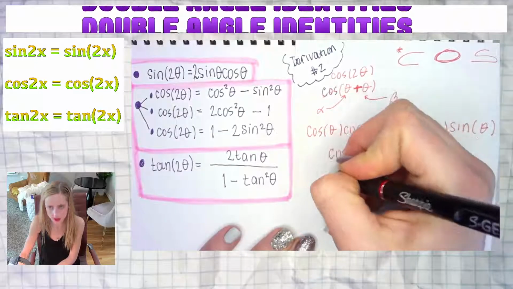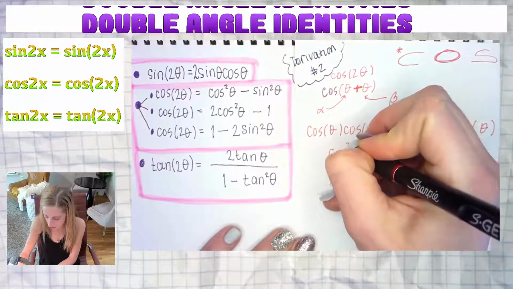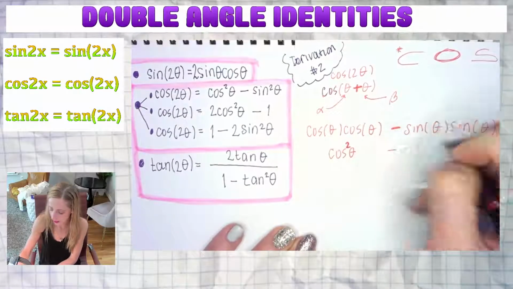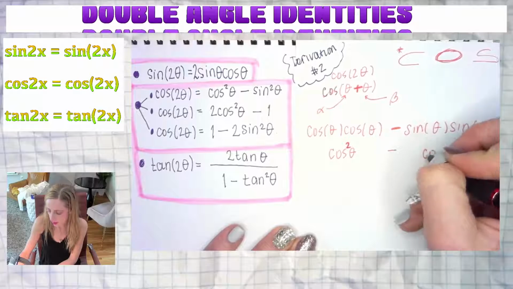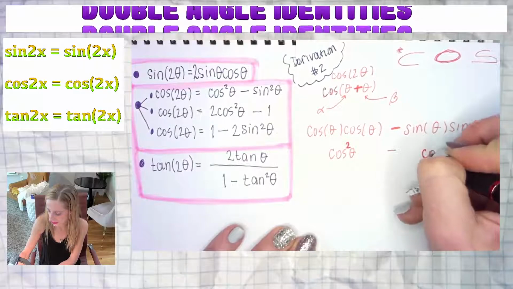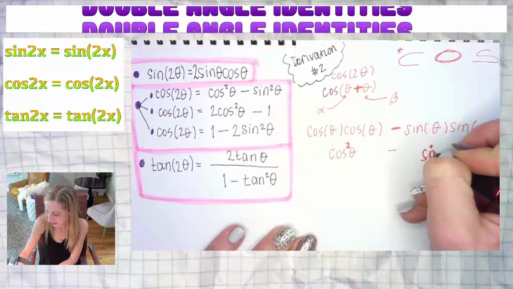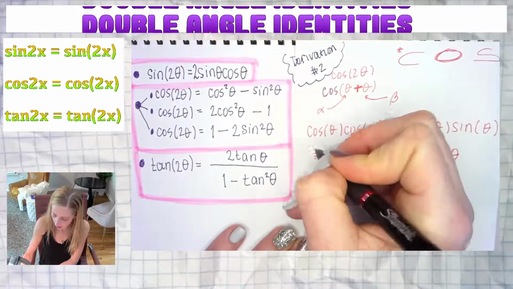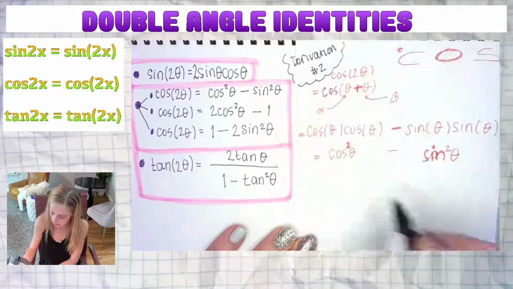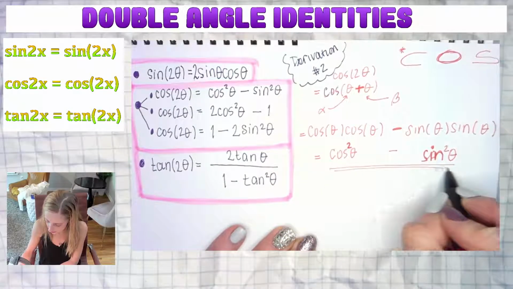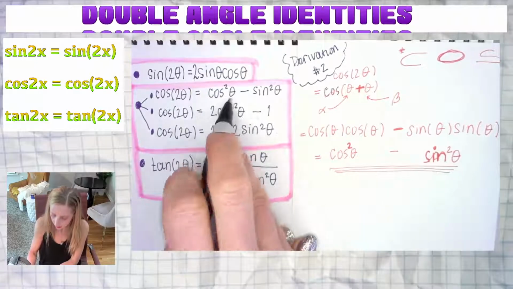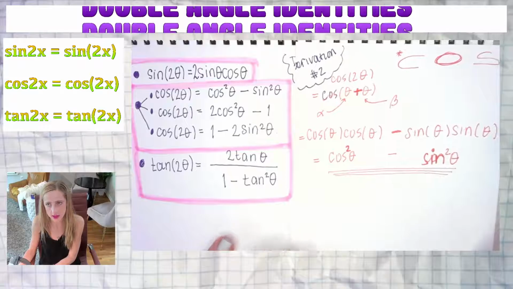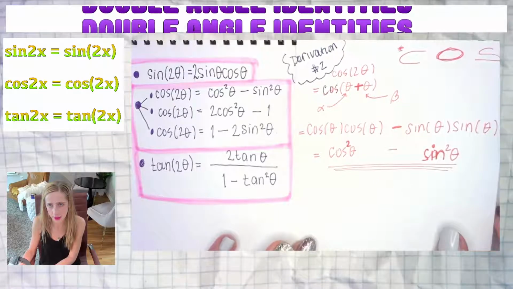Now I could put parentheses around the whole thing and square it, but as you know, we put the square here instead, and we read that off as cosine squared theta minus, sorry, minus sine squared theta, and there you have it. That was us deriving the first of 3 cosine double angle identities. So that was derivation number 2.